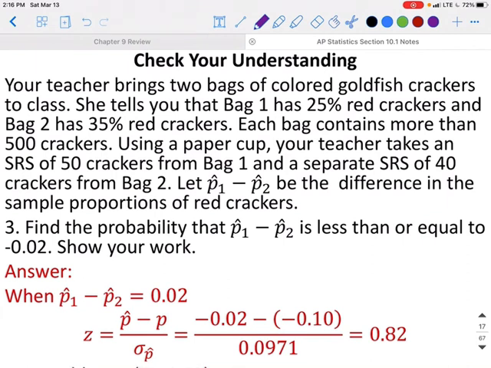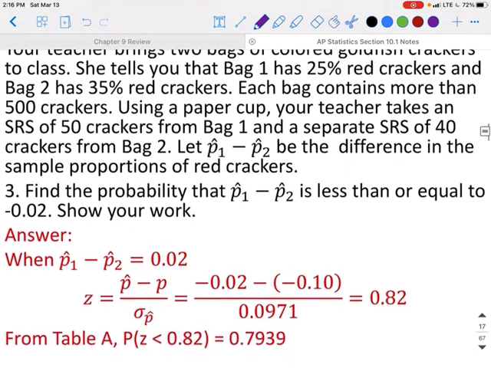Our p hat in this case is negative 0.02, minus the mean, which was negative 0.10, all over our standard deviation of 0.0971. And this is going to give us a z-score of 0.82.